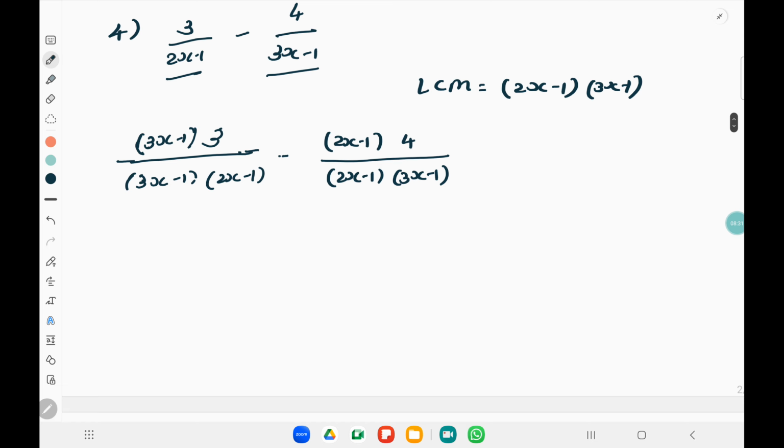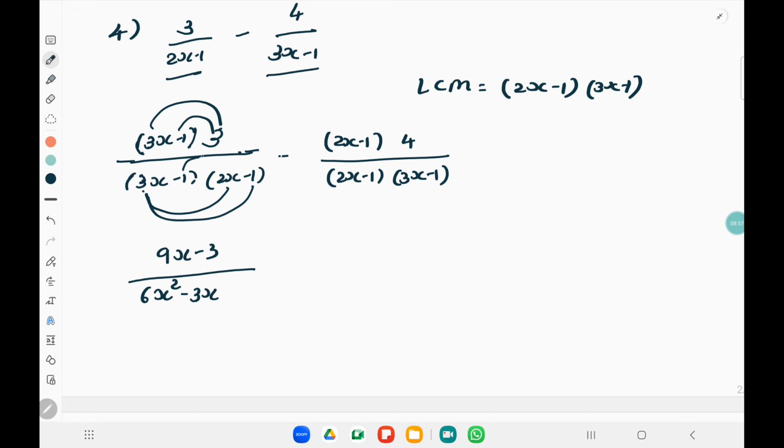Okay, and now let's expand the bracket, so 3x times 3, 9x, minus 1 times 3, minus 3, over, let's expand this bracket, so 3x times 2x going to be 3 times 2, 6, and x times x, x square. 3x times minus 1, minus 3x, minus 1 times 2x, minus 2x, and minus 1 times minus 1, plus 1.